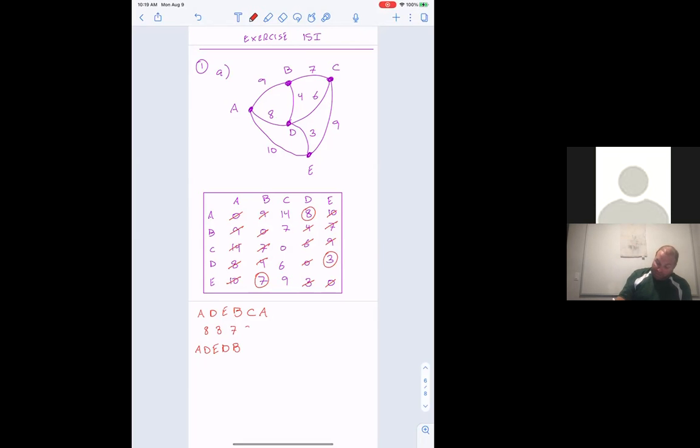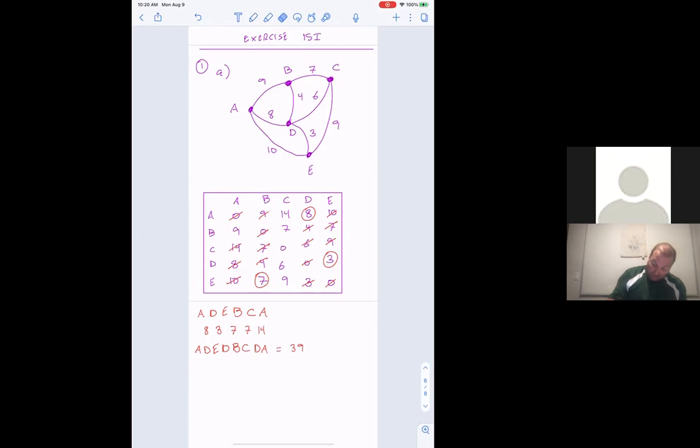And then B and C is 7 again. And then how do I get from C to A? Back through D. And I know C to A from my table of least weights is going to be 14. So this gives me a total of 10, 18, 25, 39. So if I start at A, then it's going to be 39.